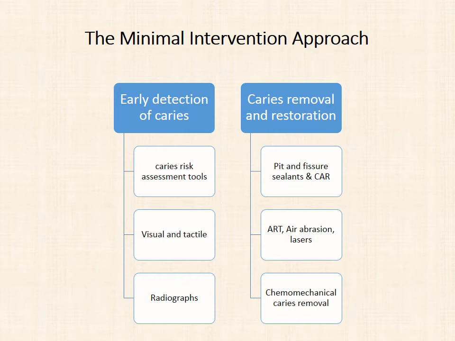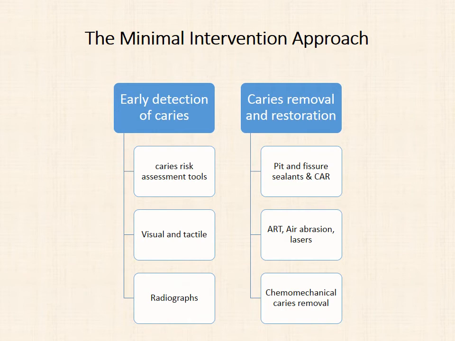So caries removal and restoration can be done by pit and fissure sealants and conservative adhesive restorations, or ART, air abrasion, lasers, chemomechanical caries removal. If we have a small cavity or pits and fissures with a slight amount of demineralization, then it is better to seal it with pit and fissure sealants.